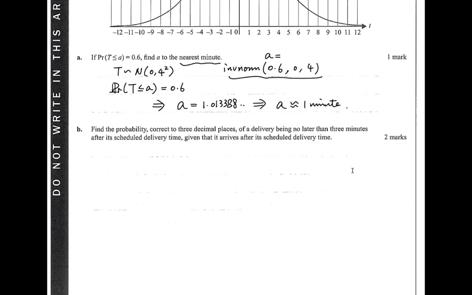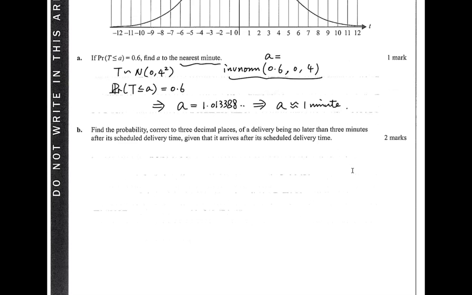Find the probability correct to 3 decimal places of the delivery being no later than 3 minutes. Okay, less than or equal to 3, capital T, after its scheduled delivery time. Given that it arrives after the scheduled delivery time, which means t greater than 0.